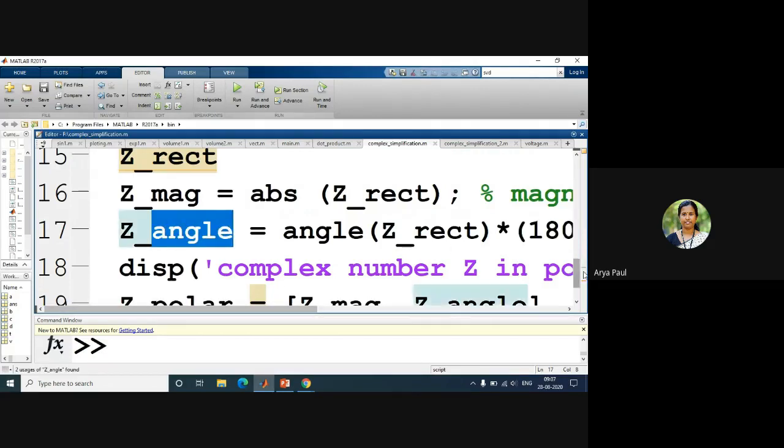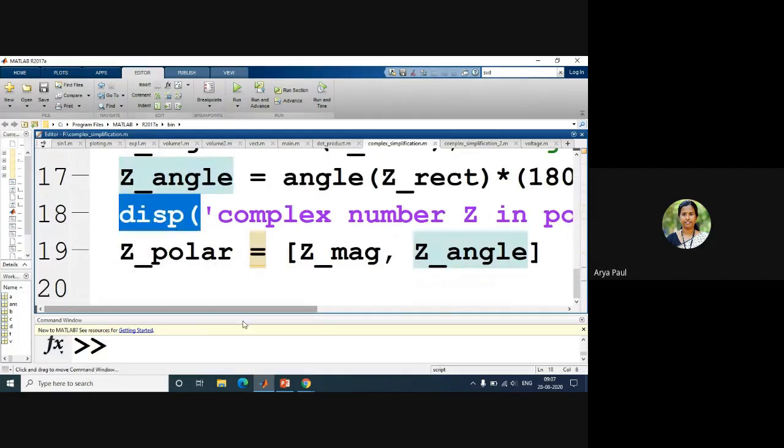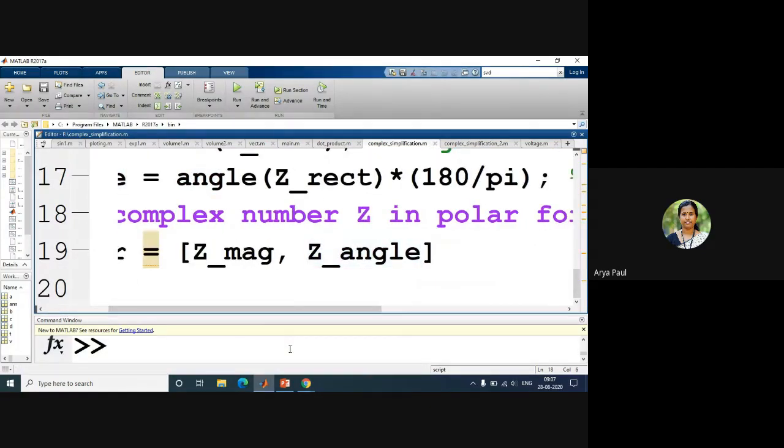Next, how can you display in polar form? I am displaying a message, "this complex number said in polar form".